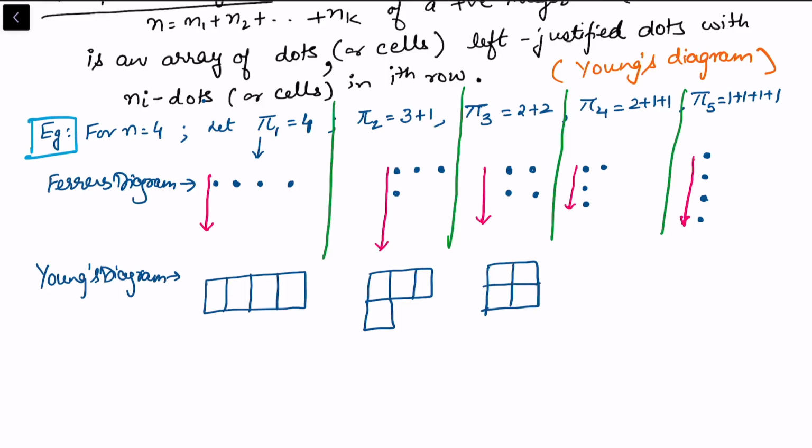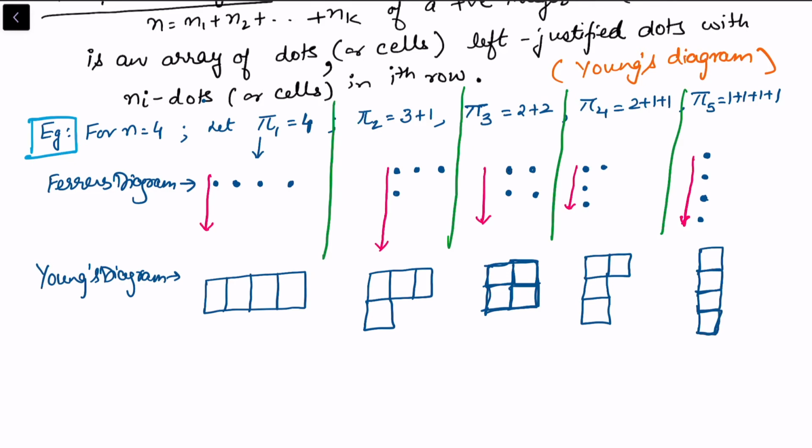So first row has 2 cells and the second row also has 2 cells. In the next case again we represent 2 cells followed by 1 more, so there will be 3 rows. Then in the fourth case we have 1 cell, then 1 more cell, the third cell and the fourth cell. So this is what we mean by the Young's diagram.